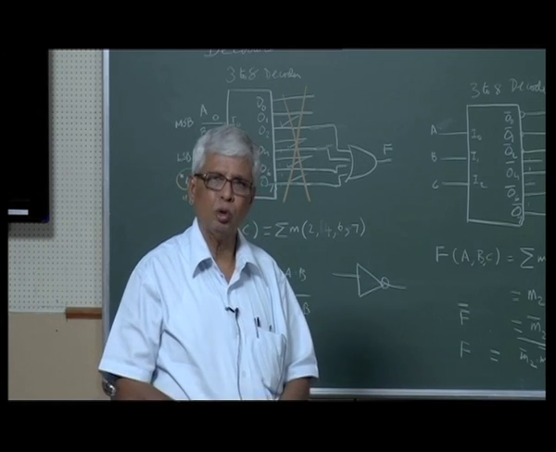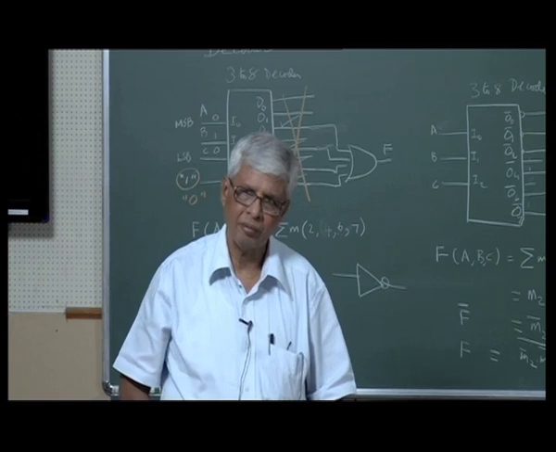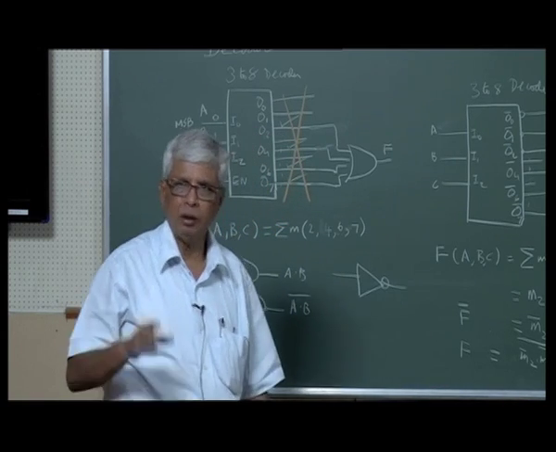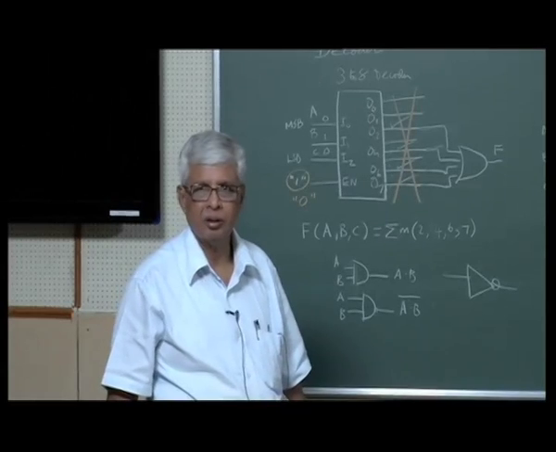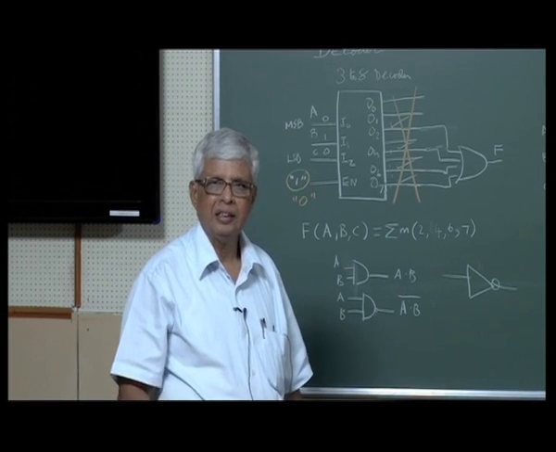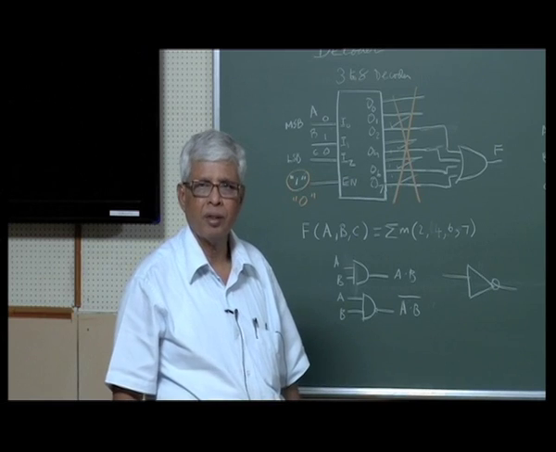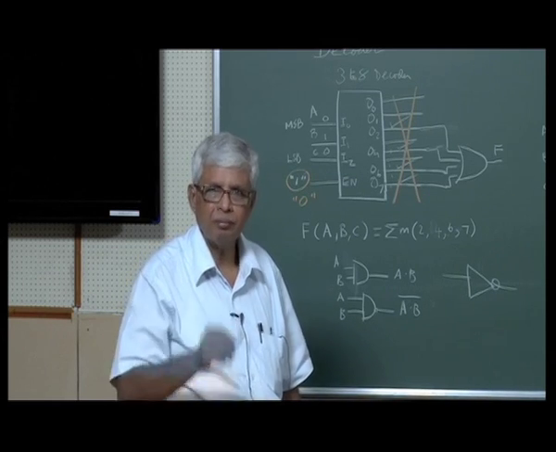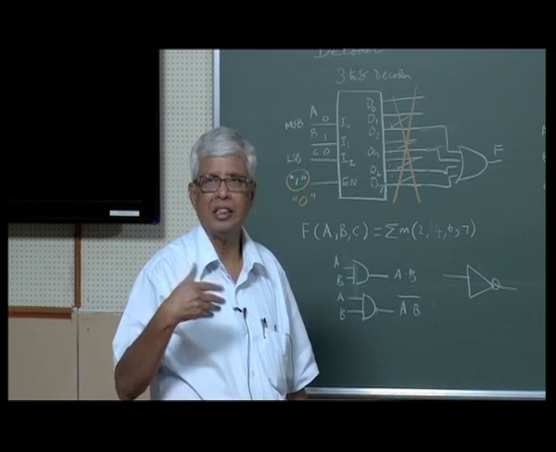Whenever you are going to use an IC in your design or your laboratory experiment, you have to look at the data sheet. Who is the manufacturer of this IC? Is it National Semiconductor? Is it Texas Instruments? Is it Motorola? Nowadays everything is available on the website.